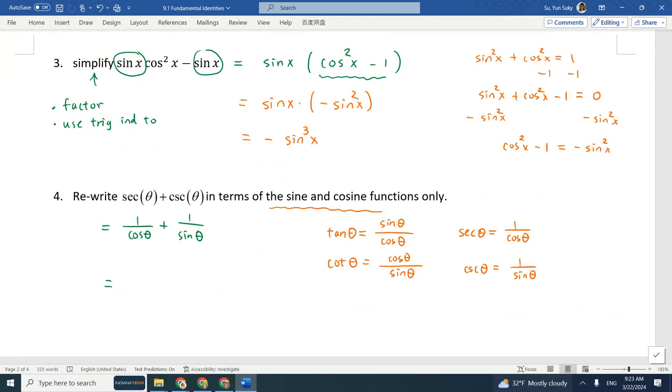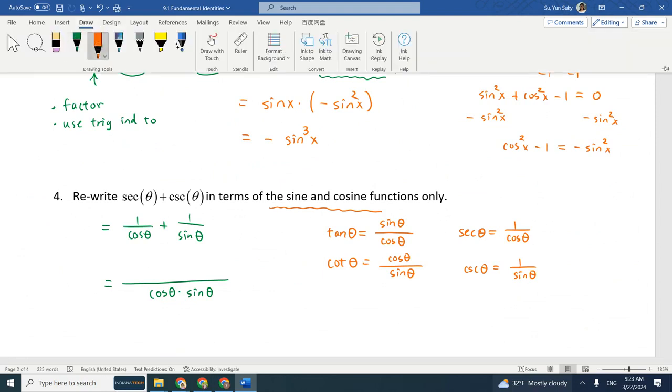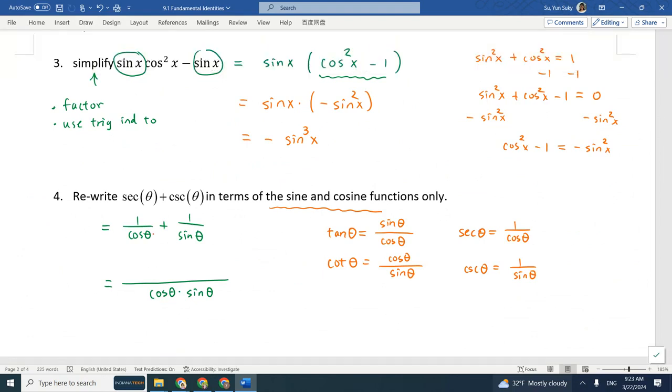Usually people want you to combine them into a single fraction. So how do we combine them into a single fraction? Well, it's the common denominator: cosine times sine. So look at the first fraction. How do we get the common denominator? We multiply the top and bottom by sine theta.